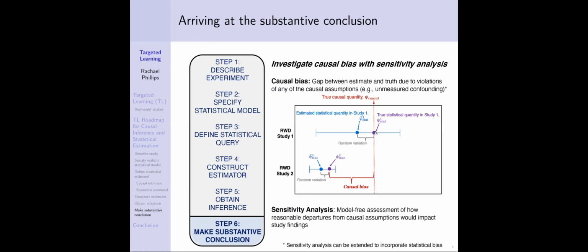And here there is no causal bias. The statistical quantity is the same as the causal quantity. The same is not true in this real world data study 2. The statistical quantity is further away from the causal quantity, so we do have this causal bias. And we can use the sensitivity analysis as an assessment of how departures from causal assumptions would impact the study findings. Let's see how that would look.